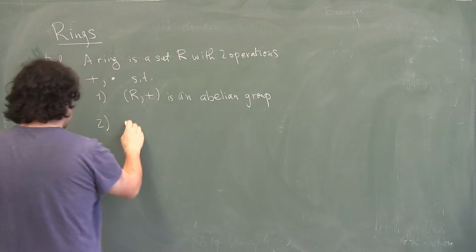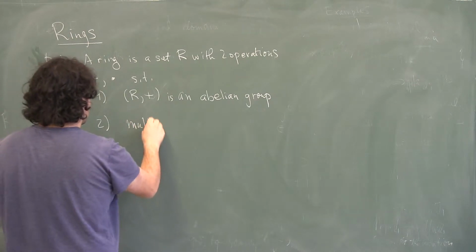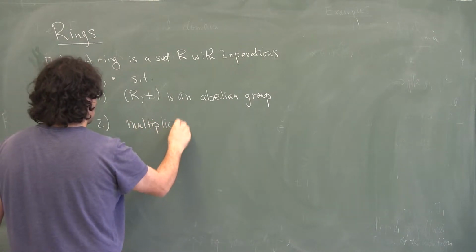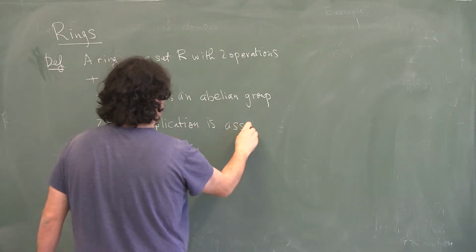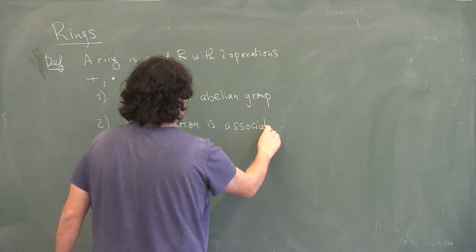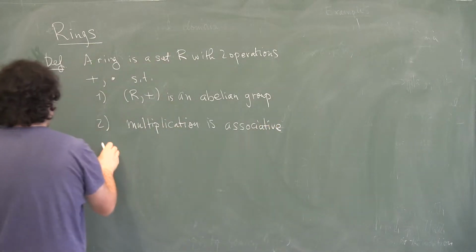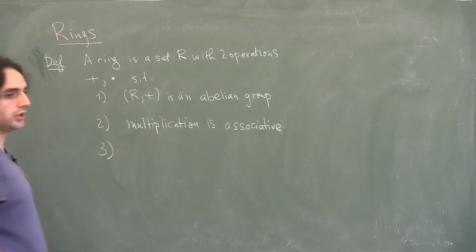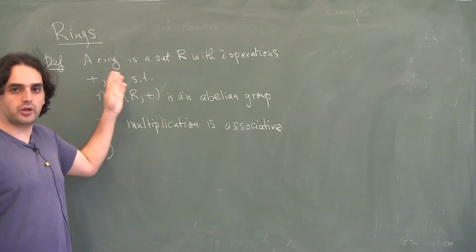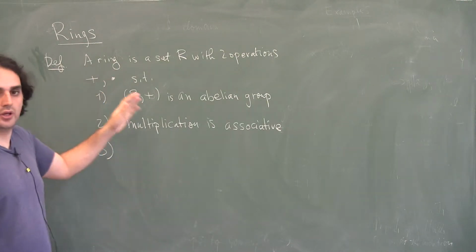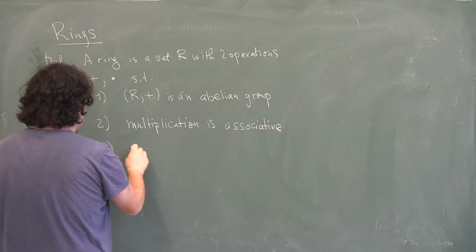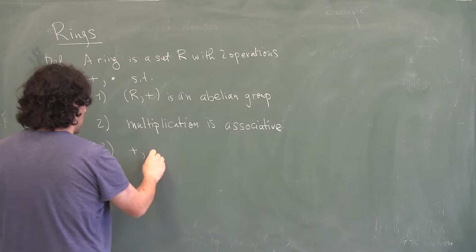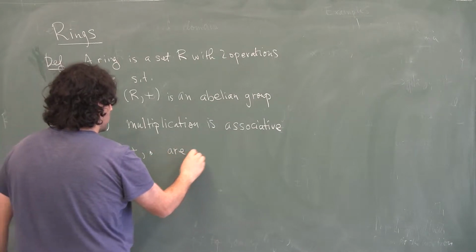Secondly, multiplication is associative. Thirdly, we need the two operations, the plus and the times, to interact a little bit together. So plus and times are distributive.